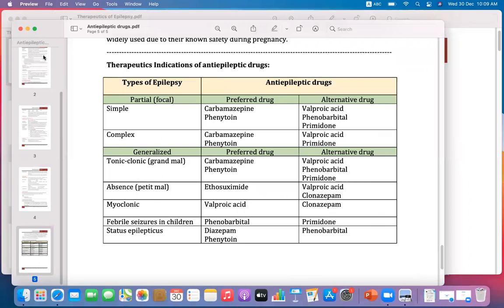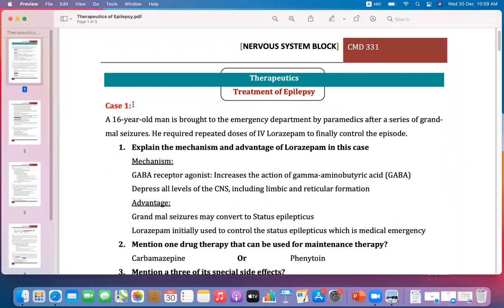In tonic clonic, as we know, there is stiffness of the muscles and jerk movements. For the management of this case, the healthcare department administered intravenous lorazepam to finally control the episodes. And here there is a series of grand mal seizures.